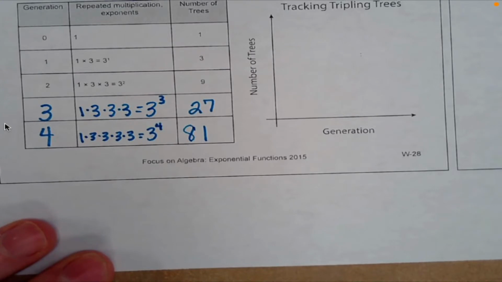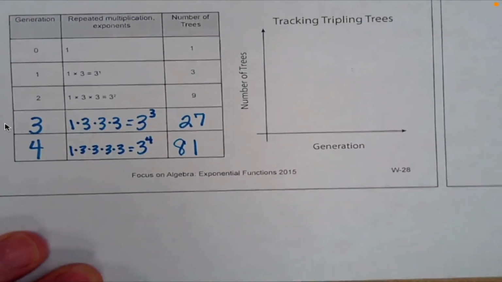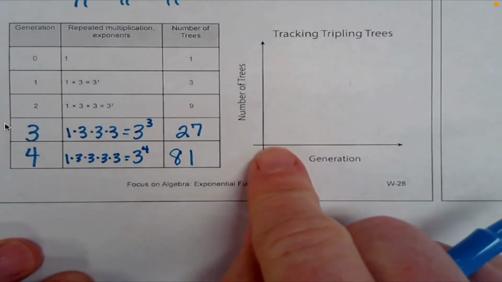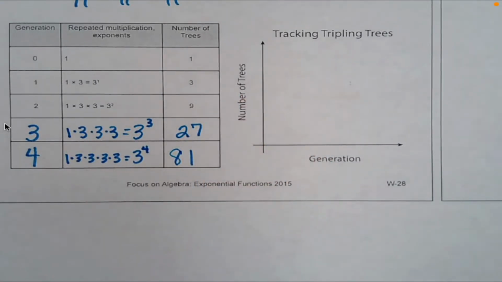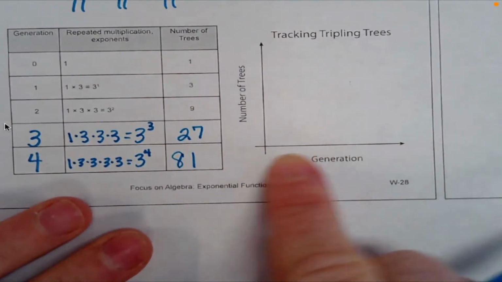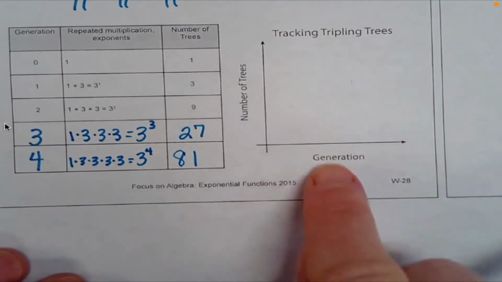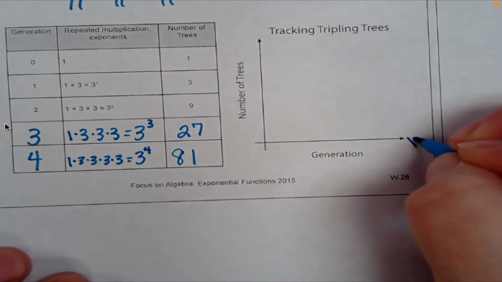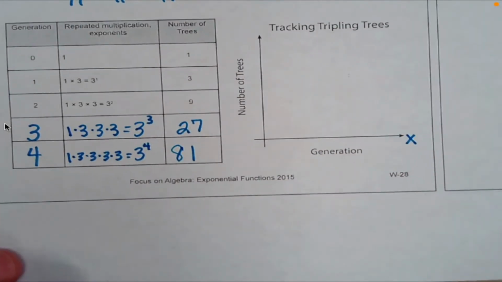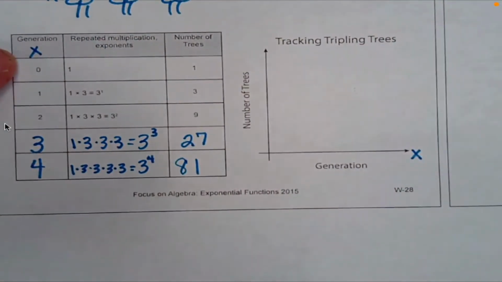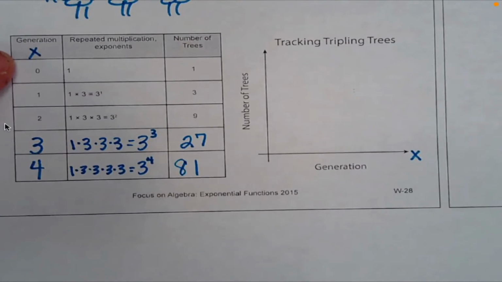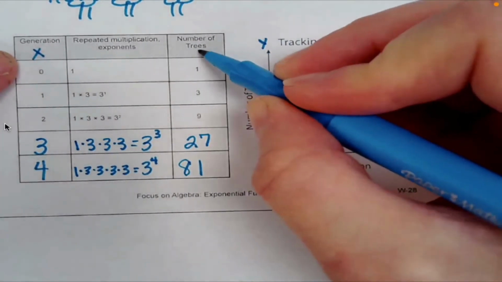So let's make a graph. Remember, the graph is going to be exponential. It's going to increase rapidly. So we've got to be able to graph these on here. Our generation is like our X value, so label the generation axis with X. Our number of trees is the y-axis, so we can put y here as well.